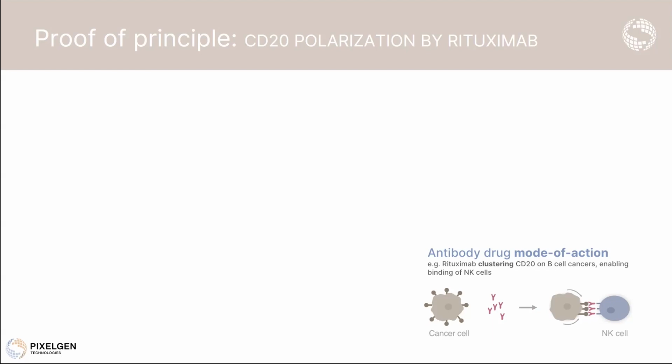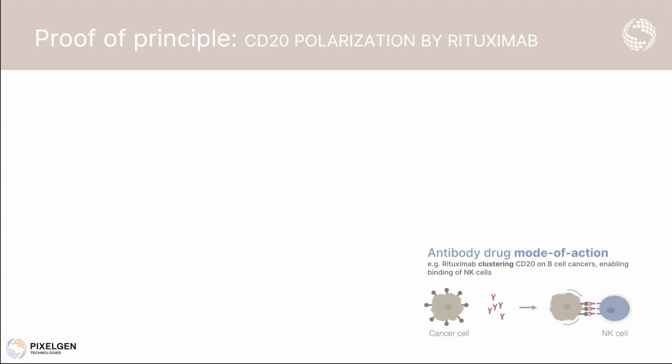If you remember from the beginning of my talk, I showed you this figure that you have now in the bottom right corner with the example with rituximab, and how rituximab binds to CD20 to cluster CD20, which enables NK cells to bind efficiently. So that's a perfect proof of principle, right?